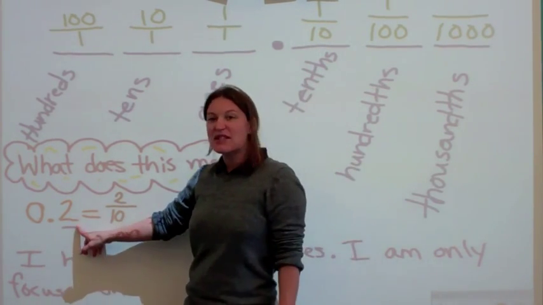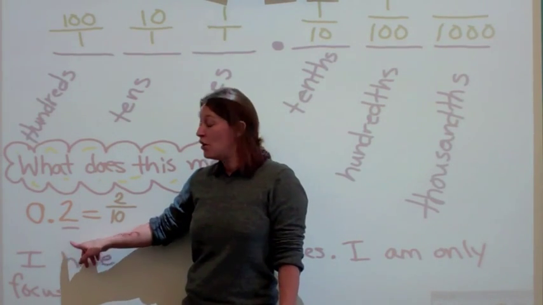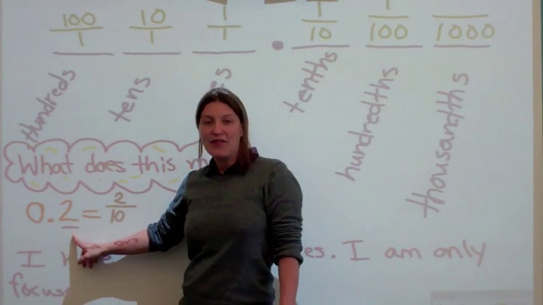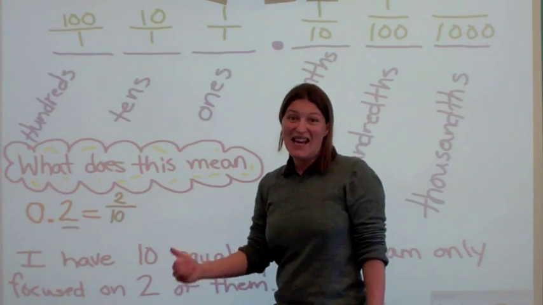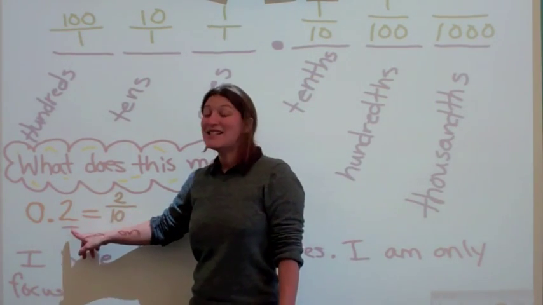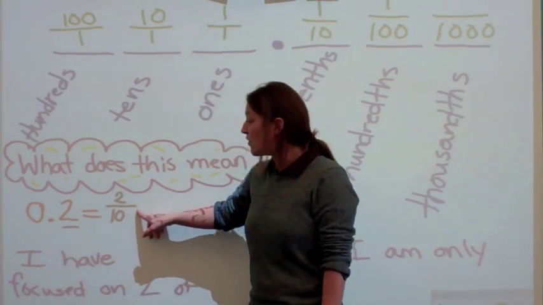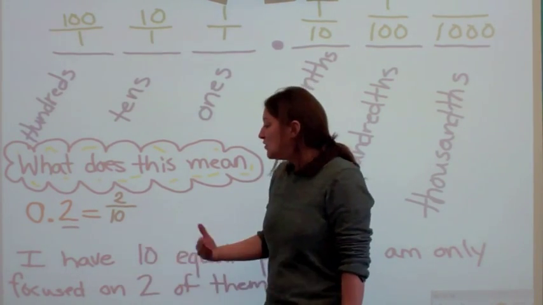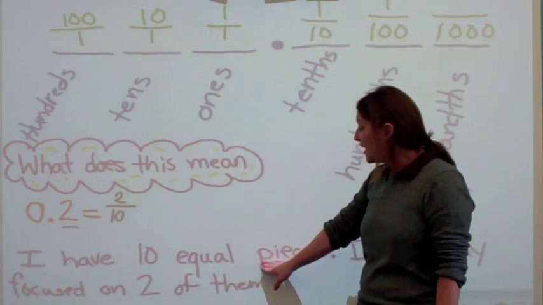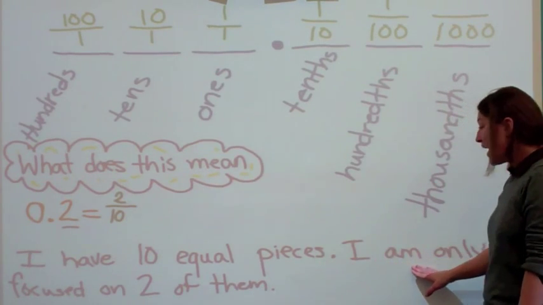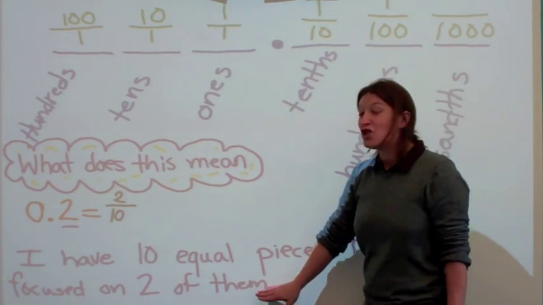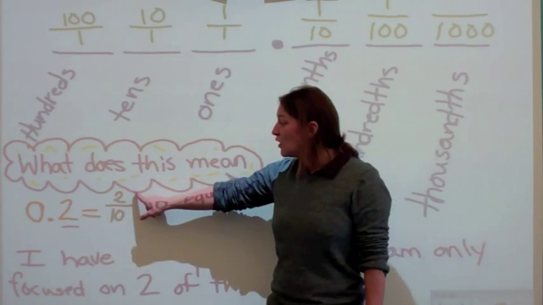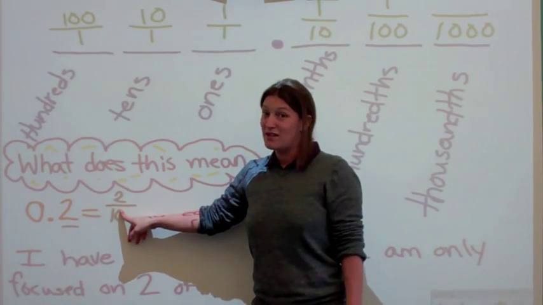Because it's in the tenths place value, we say the number and then what place value it's in. So 2 tenths. And we show the fraction like this. So if I have 10 equal pieces, I am only focused on 2 of them. So I'm only looking at 2 of the equal pieces.